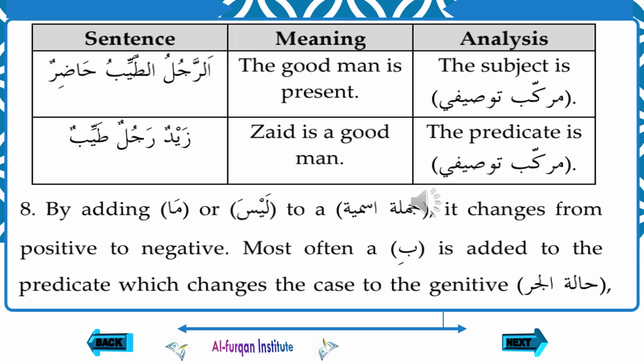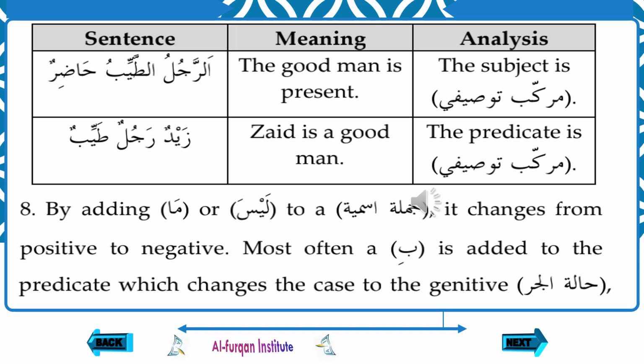In many cases, either the subject or the predicate can be a compound phrase, not a single word like we have been learning in the previous lesson. The two most common compound structures are murakkabun tawsifiyun, a descriptive or adjectival compound, and murakkabun idafiyun, a genitive or possessive phrase.